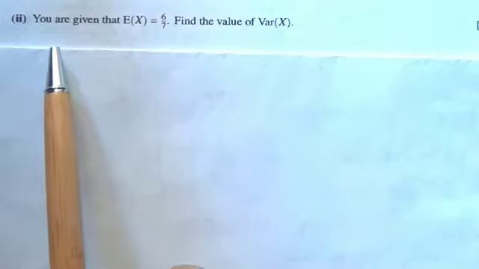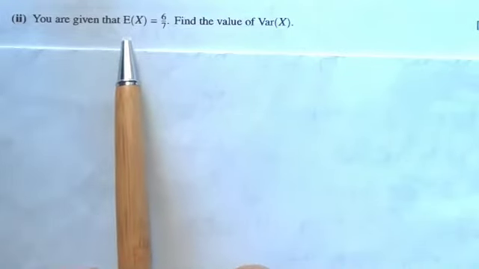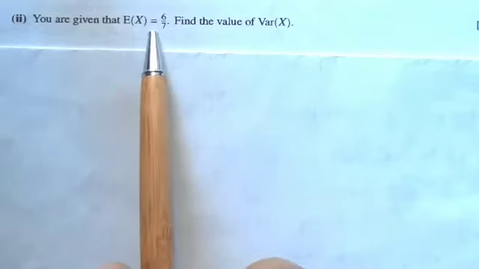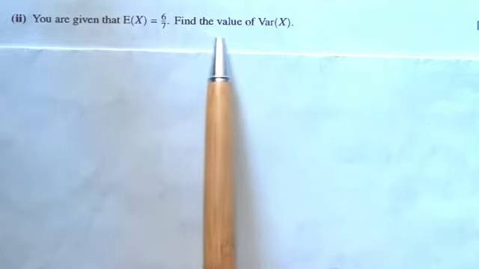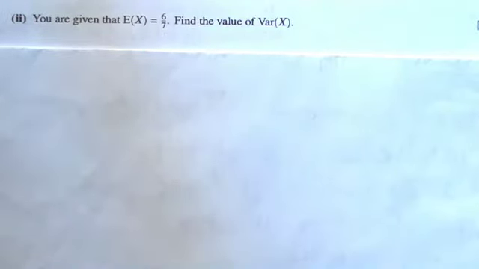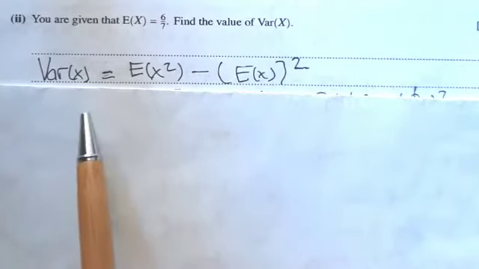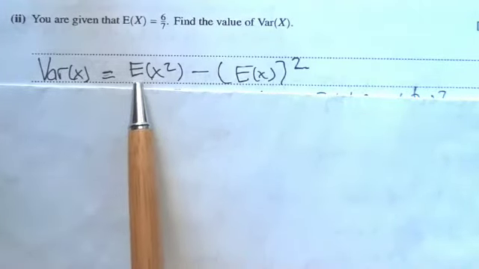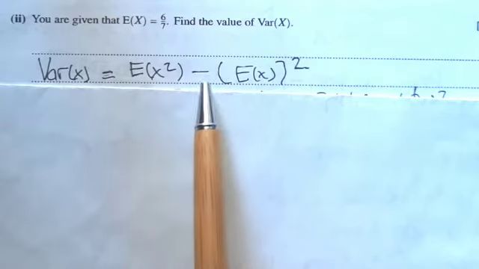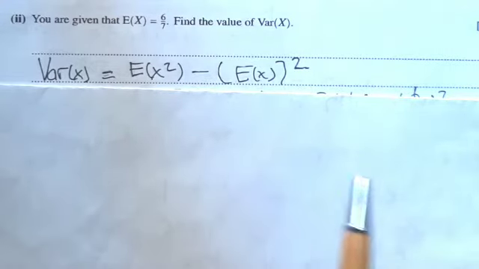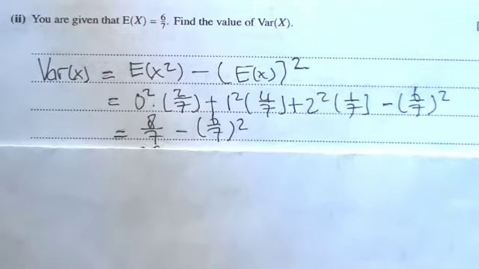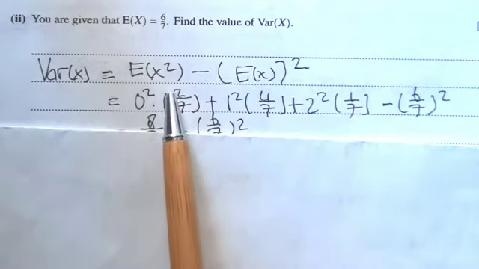Now part II, you are given that the expectation of x is 6 over 7. Find the value of the variance of x. The formula for variance is variance of x equals expectation of x squared minus the expectation of x, squared.